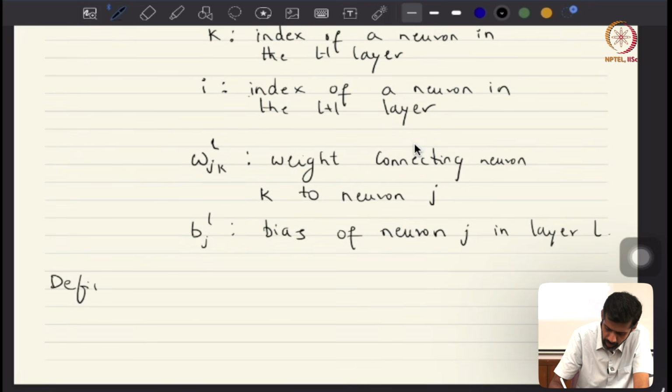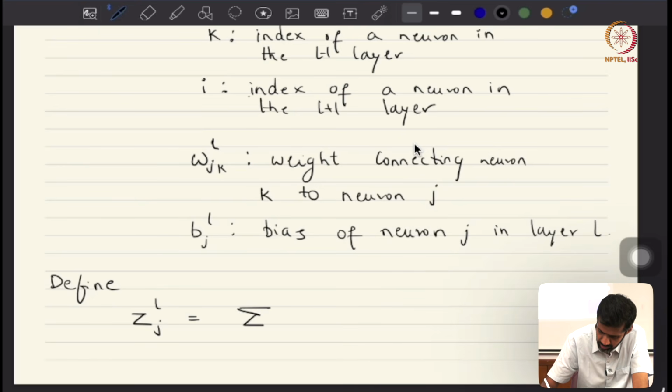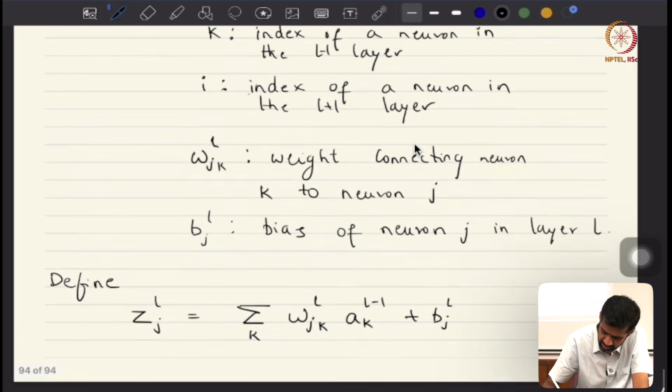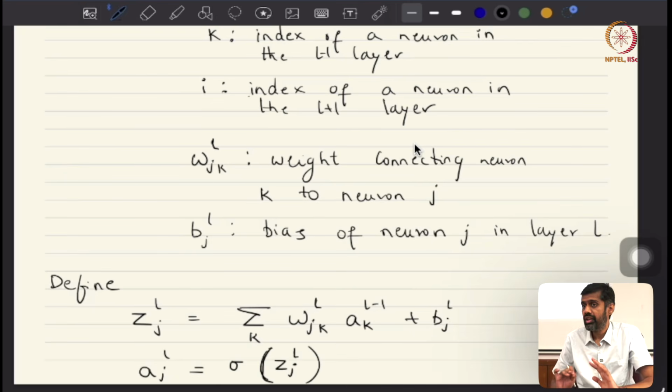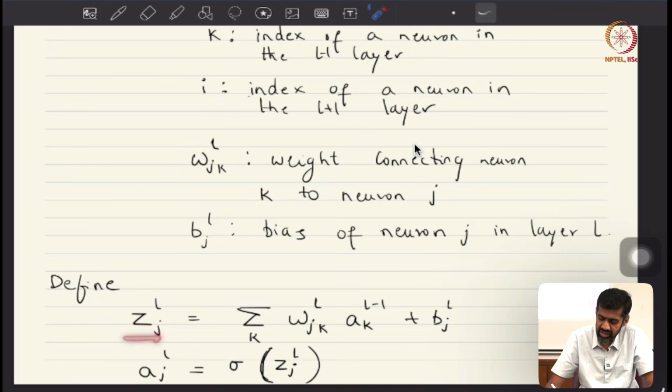Define Z J L as follows: the sum over K of W J K L times A K L minus 1 plus B J L, where A J of L is sigma of Z J L. Now these two things are called the pre-activation and the activation of a particular neuron.